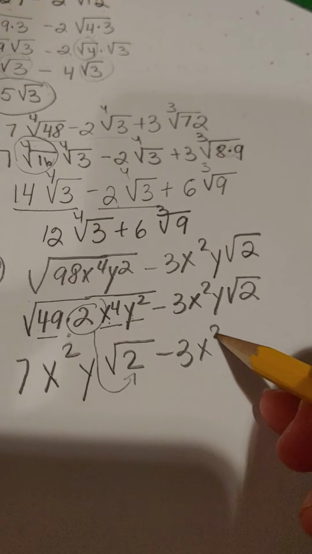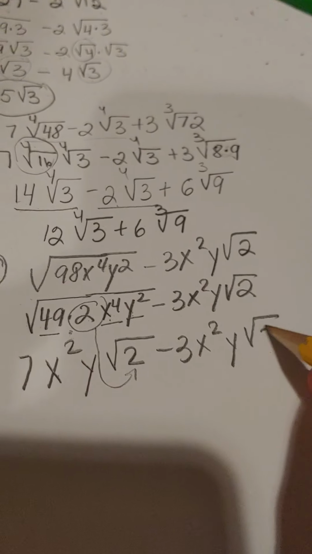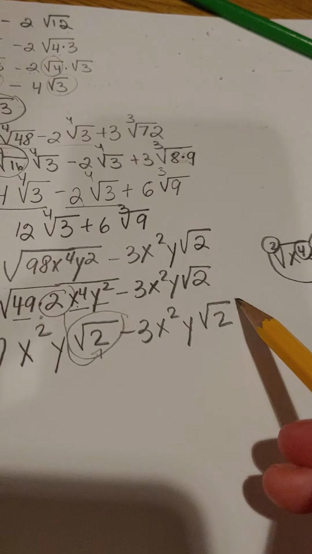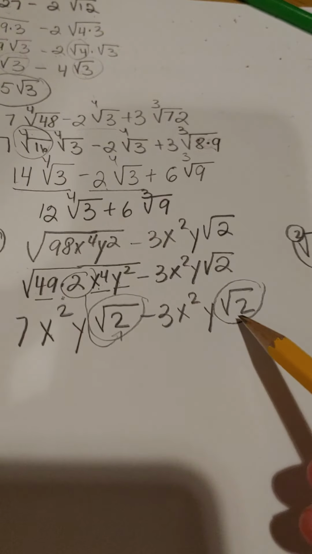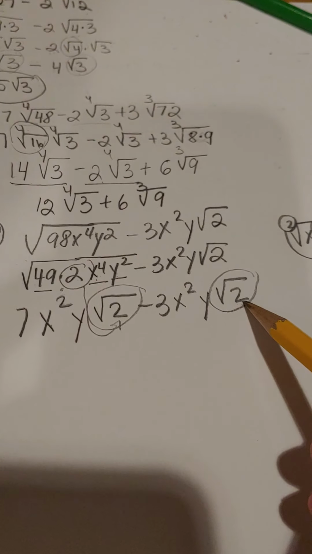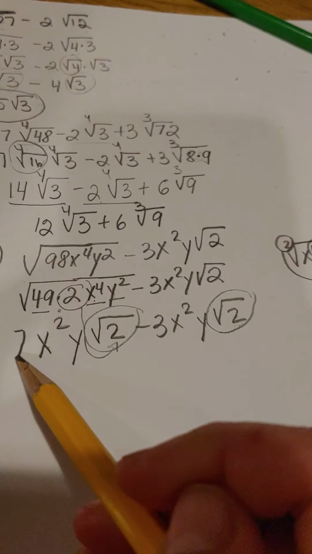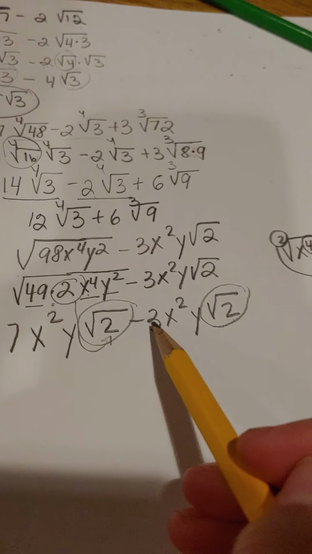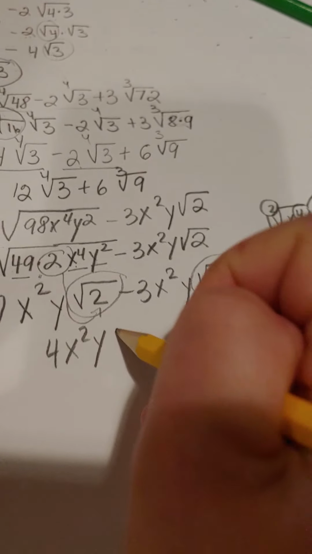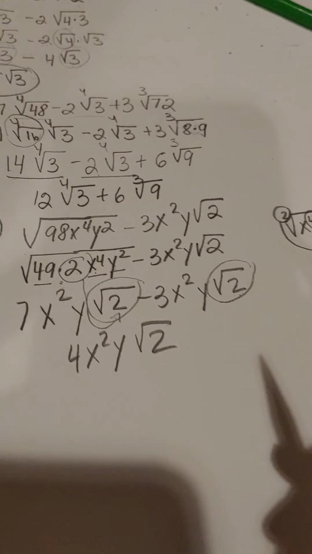Minus 3x squared y square root of 2. So we see that the radicals have the same indexes and the same radicands, so we can just subtract them. 7x squared y minus 3x squared y is 4x squared y, and then we put the square root of 2.